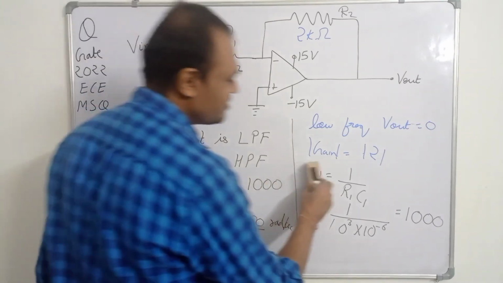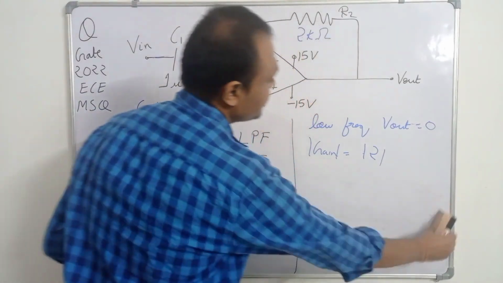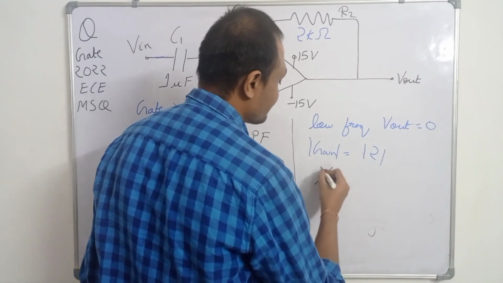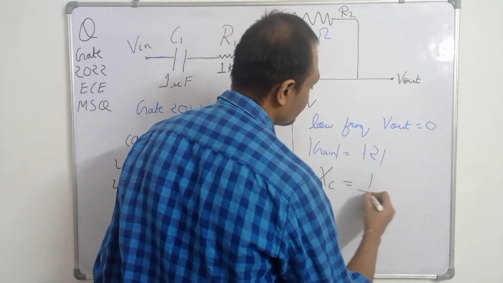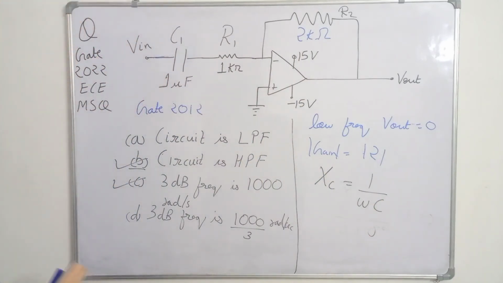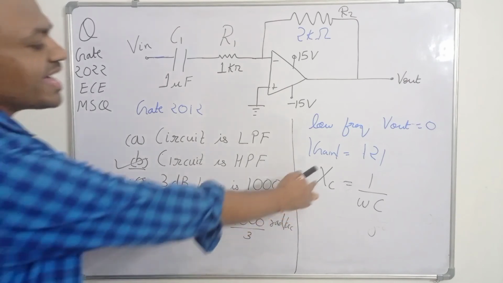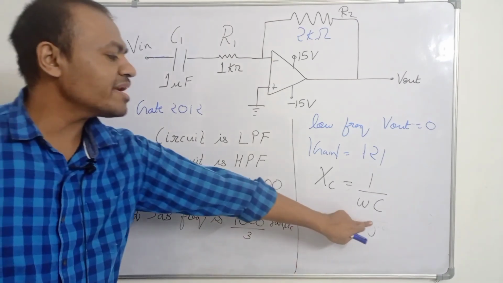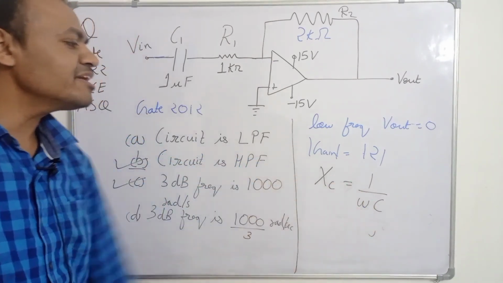Because the capacitive reactance, see, the concepts are very strong for any GATE exam. Capacitive reactance is given as 1 upon omega C. So for low frequency, omega is very small, so Xc will be very high. So the capacitor will offer very high reactance to low frequency, and for high frequency omega will be very high, so Xc will be equal to 0.